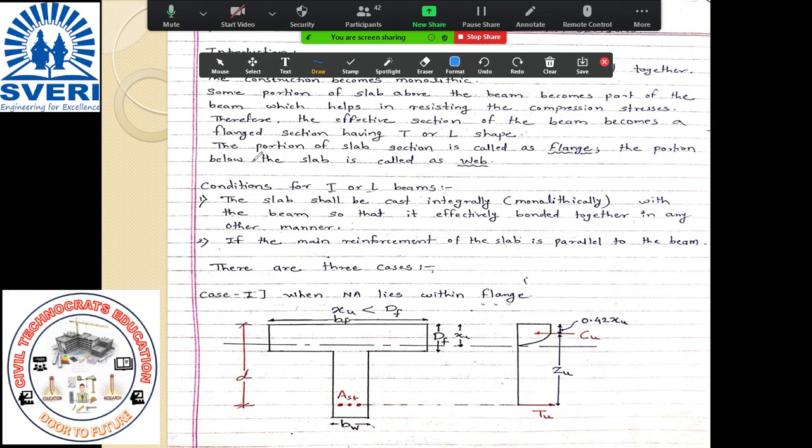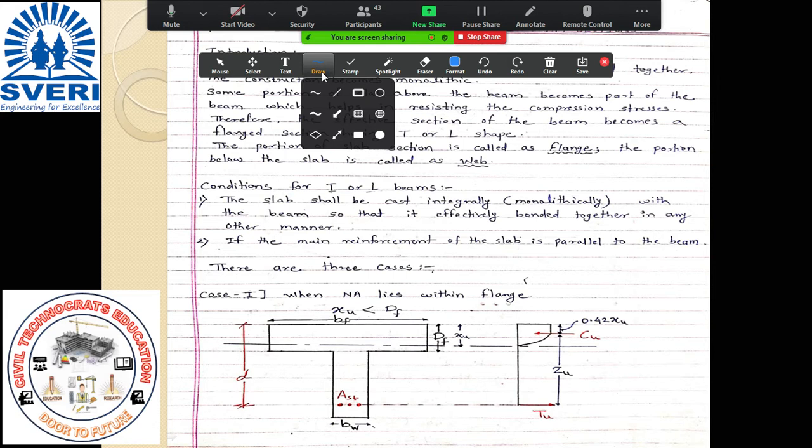It is acting as a part of the beam, it is not just a slab. In that way it helps the beam to resist the compression stresses. Whatever the topmost part of the slab, it helps the beam to resist the compression stresses.